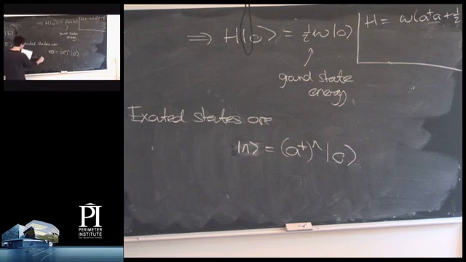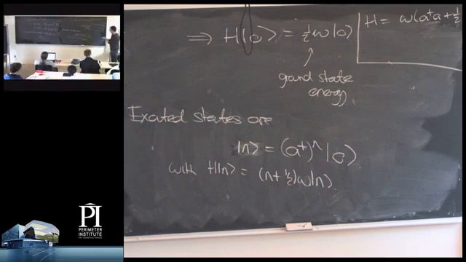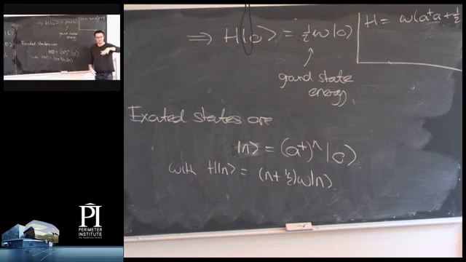There should be a 1 over square root of, I don't know, n plus 1 or something like this. Okay, so this is the spectrum of the harmonic oscillator. Ground state energy of a half h bar omega, and then a tower of states equally separated above, whose energy increases by omega each time.